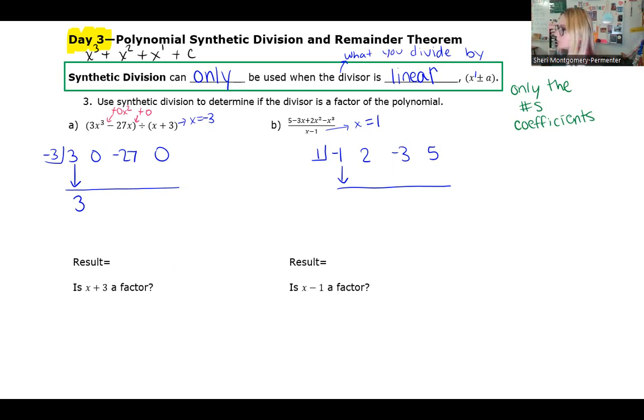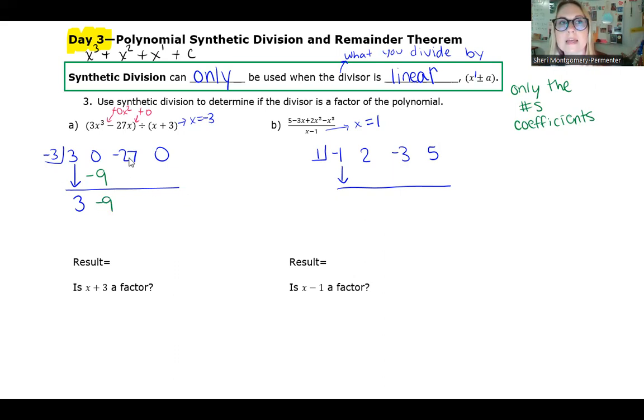And so I'm going to talk you through it. It might be easier if you just watch me and then you can write it down. So the first thing I did was drop it like it's hot and I got a 3. So I will do 3 times -3. What's that? Now I add: 0 minus 9 is -9. Now I'll multiply again.